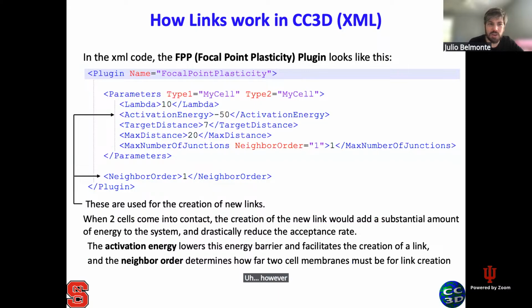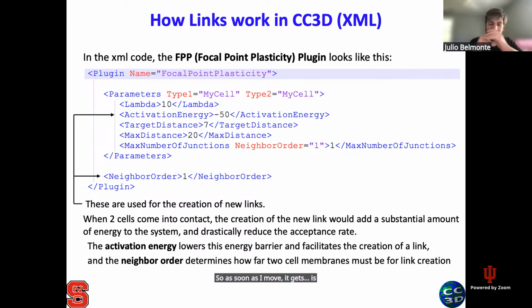However, that's where these other parameters come from, okay? This neighbor order here says how close 2 cells have to be before they can create a link between each other.